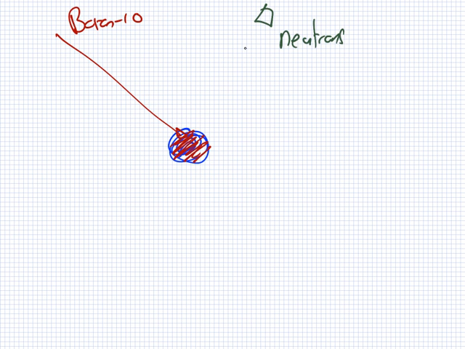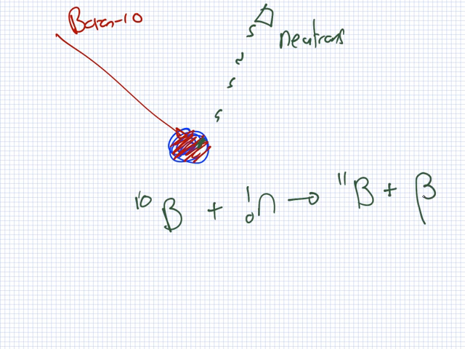Neutrons are quite harmless. You fire the neutrons, and they hit the boron 10, and the boron 10, whatever number it is, plus the neutron forms boron 11 plus, I think, a beta particle. Or maybe it's an alpha, I don't remember.